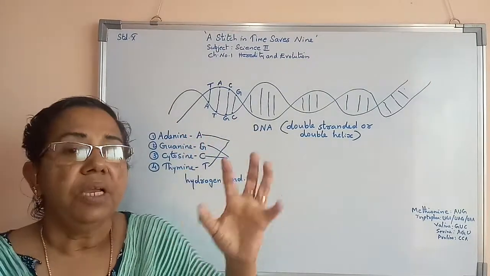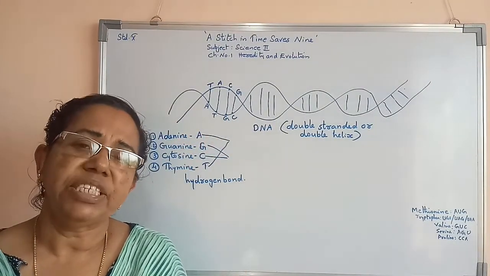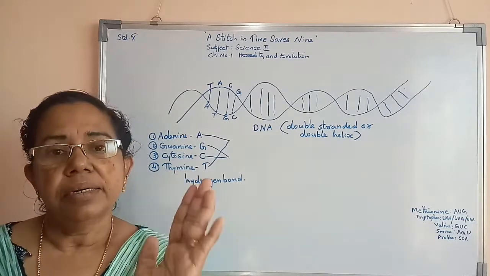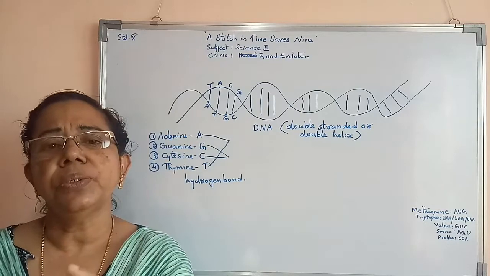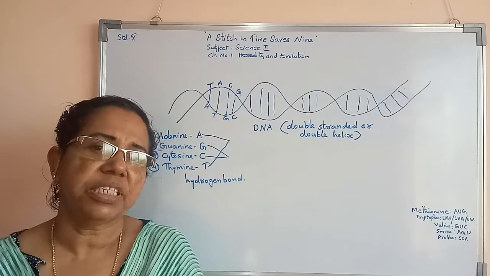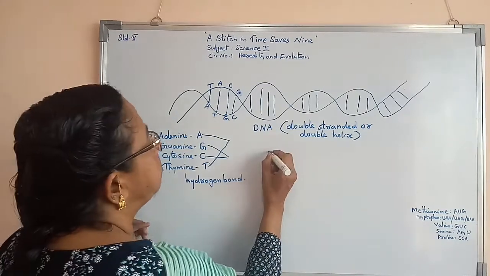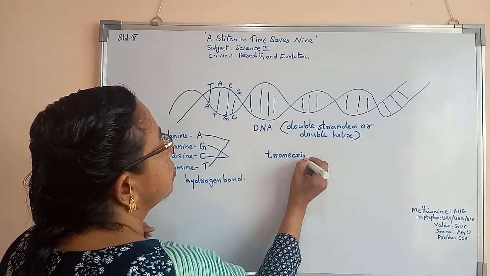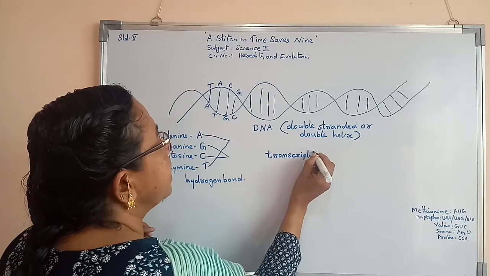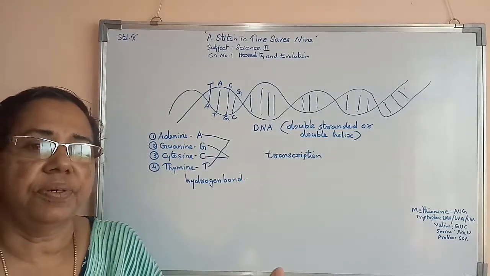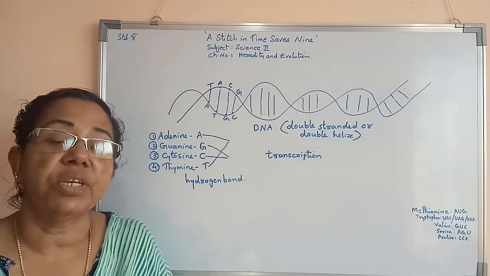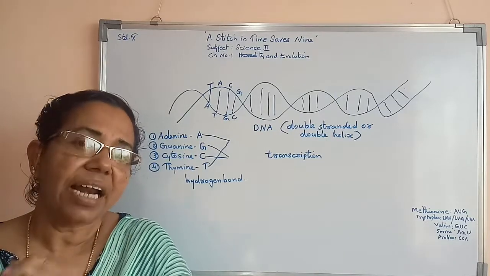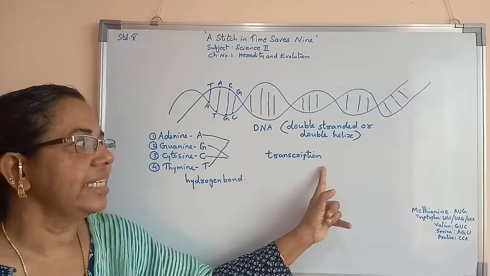Now where messenger RNA is formed, or we can say DNA transforms to messenger RNA, that process is known as transcription. So we can say conversion of DNA to messenger RNA, not formation, is known as transcription.